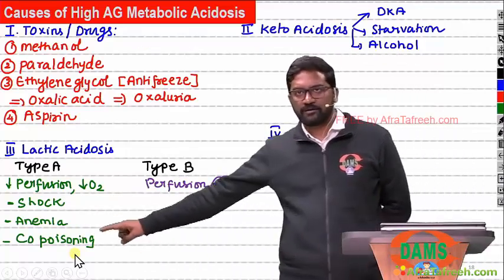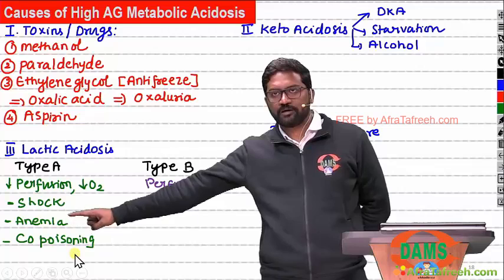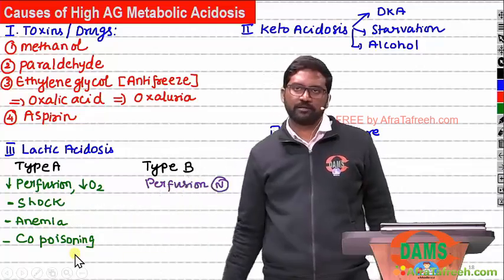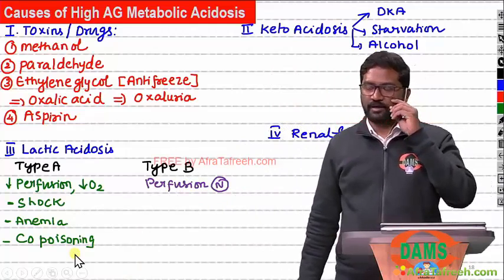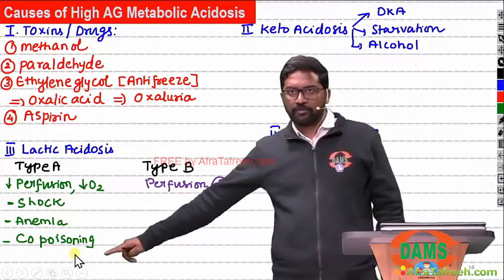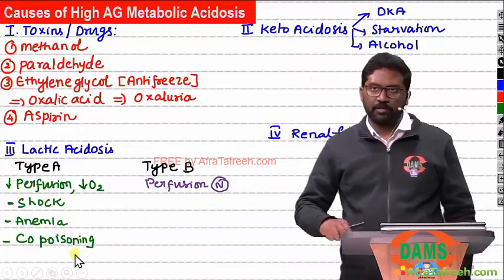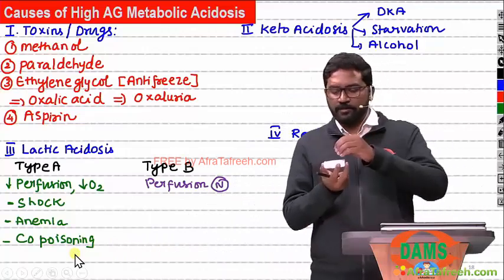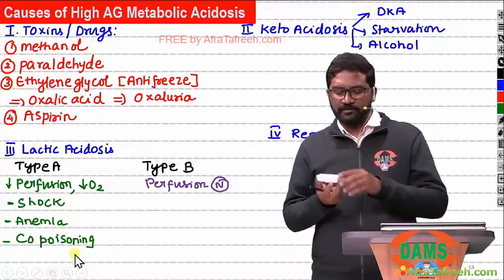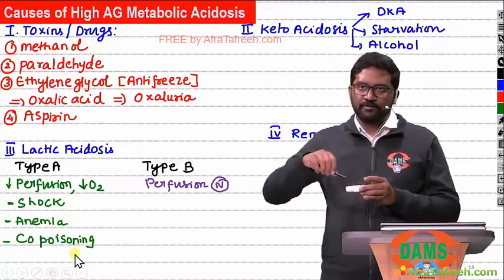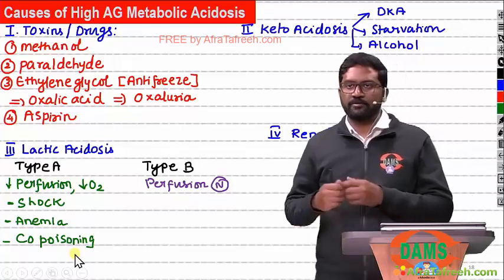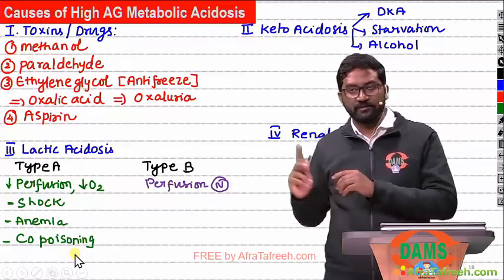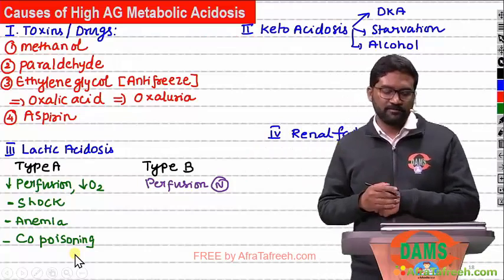And what exactly in the blood? Hemoglobin. In anemia there is less hemoglobin. So hemoglobin is less means less oxygen will be carried to the tissues. In carbon monoxide poisoning, all the hemoglobin will be bound tightly by carbon monoxide. There will be no place for oxygen to sit. Because oxygen is unable to bind to hemoglobin, oxygen cannot be carried to the tissues.